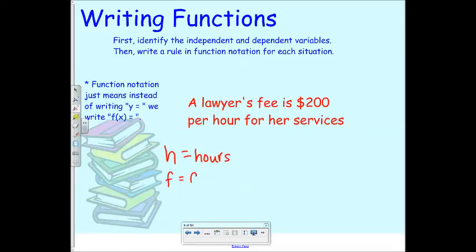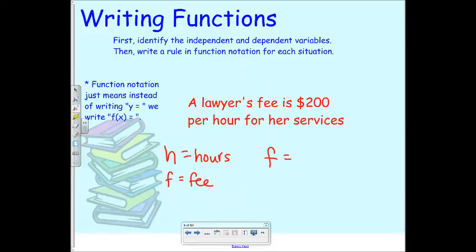So what equation could I write then that would give me this function in terms of an equation? What could I write? F equals H something, right? Okay. What kind of math would we have to do here?